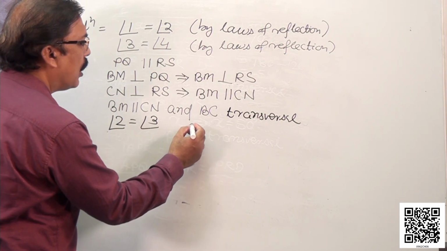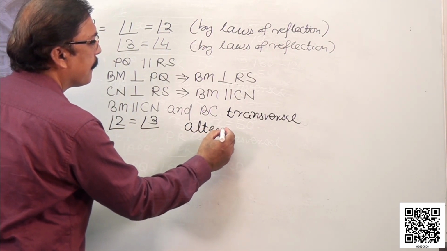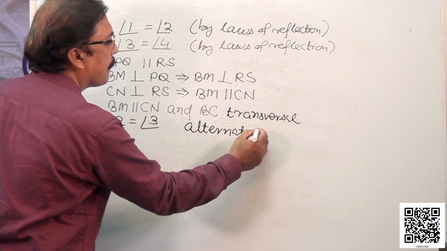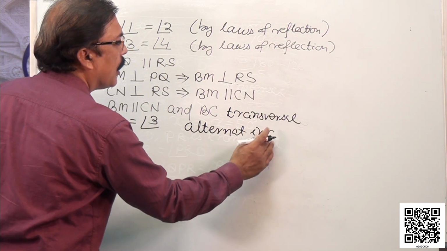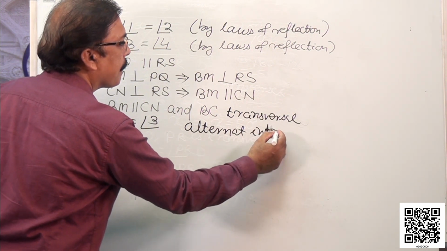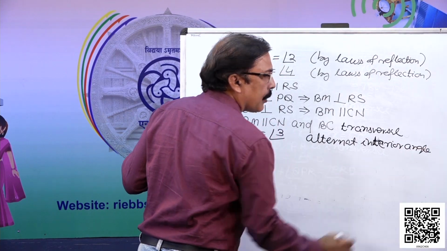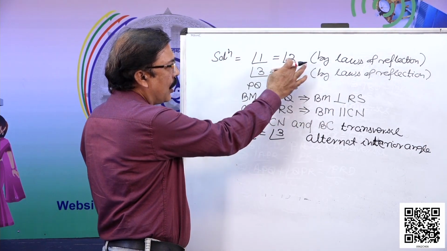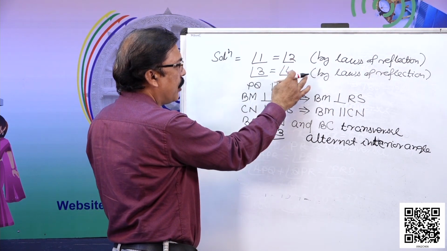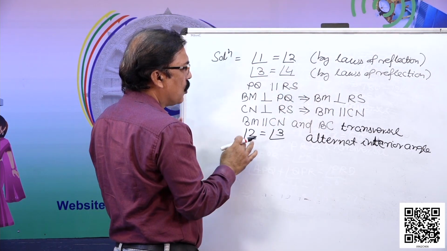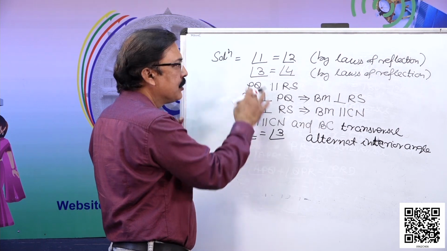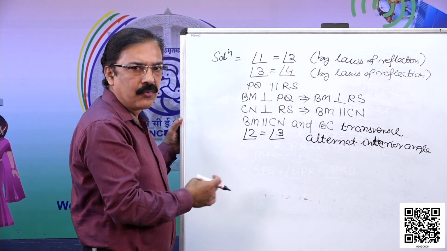This is alternate interior angle. Now as 1 and 2 are equal, 3 and 4 are equal, and 2 and 3 are equal, that means all these angles are equal.